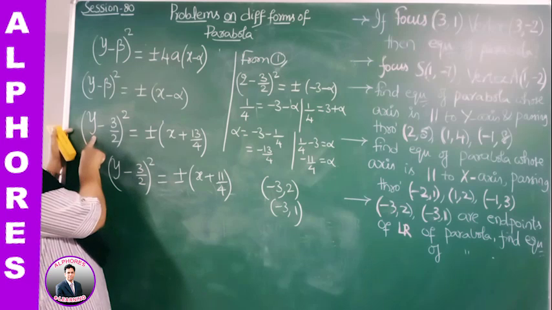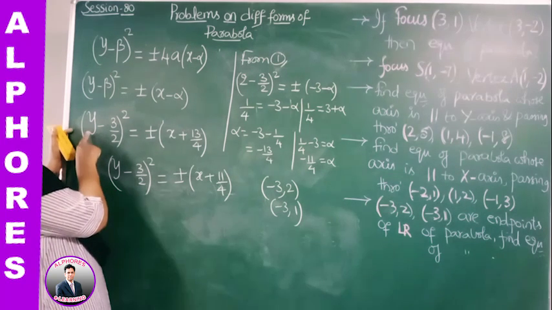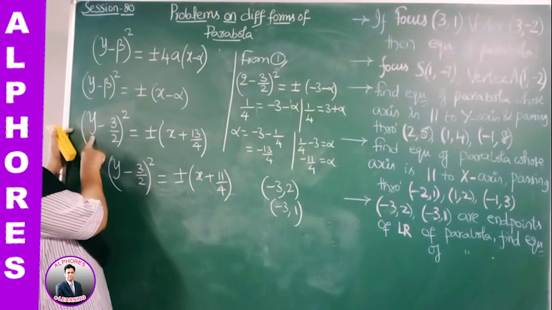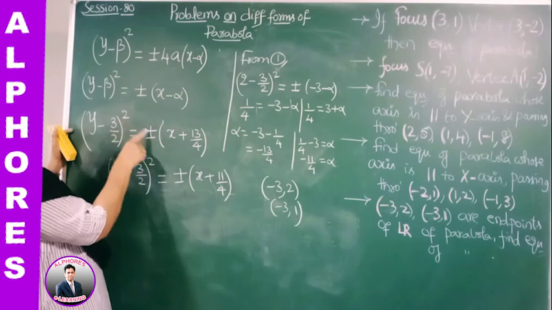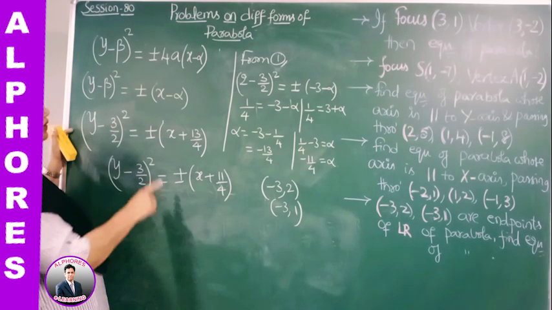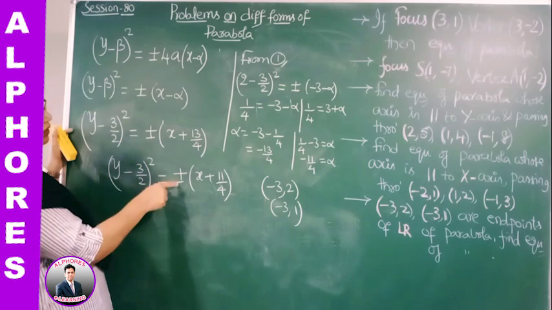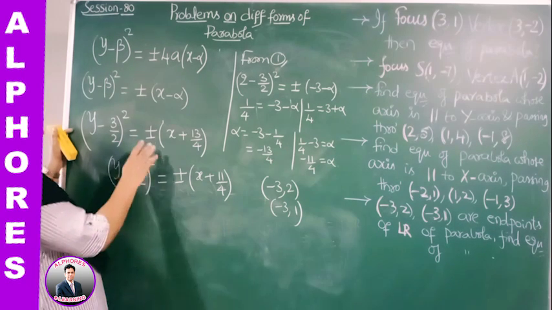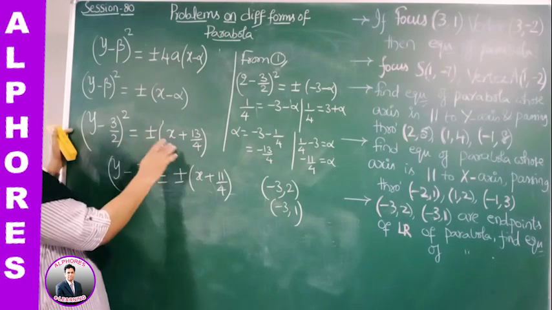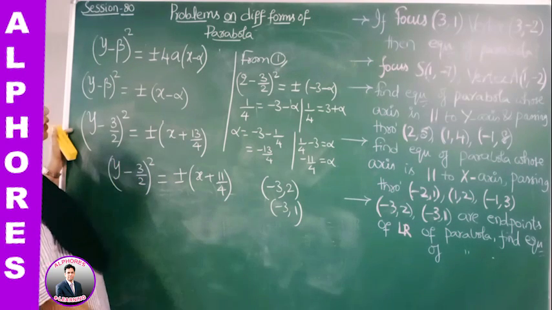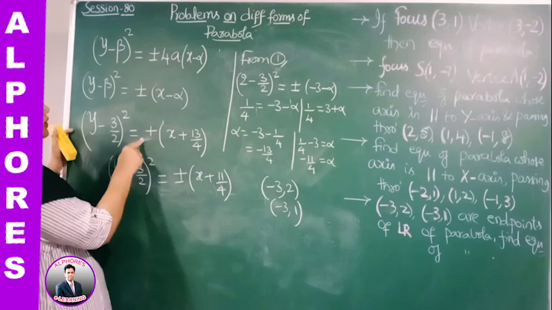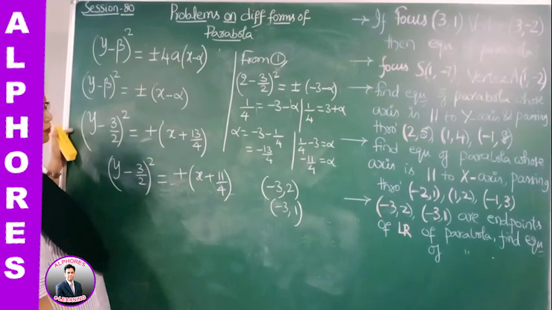Whereas here if I substitute, what is that value? The y value, how much here? 2. 4 minus 3, 1 by 4. That means here you have to consider the plus value, and here also how much did you get? Plus value. So in both cases you are taking the plus value. Okay students, that means finally what about our answers here? Plus here I am taking, and here also the plus symbol.